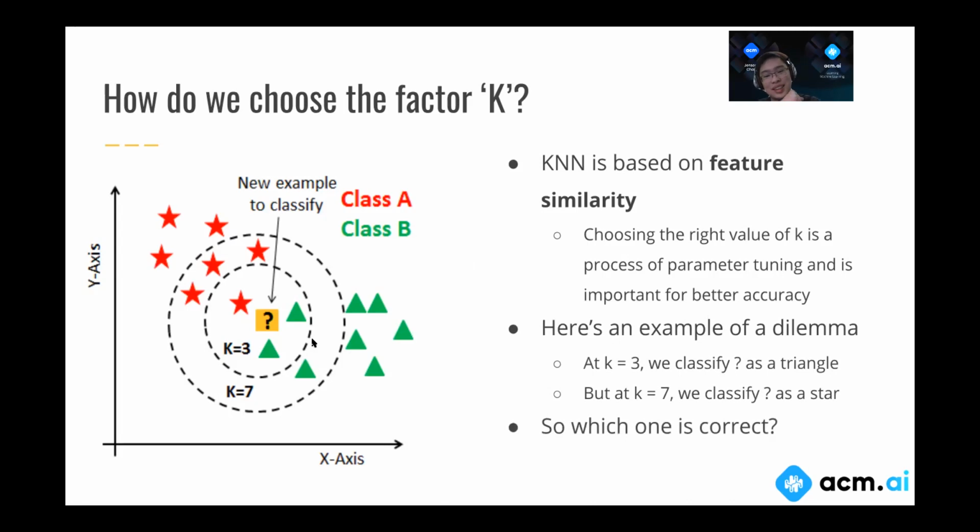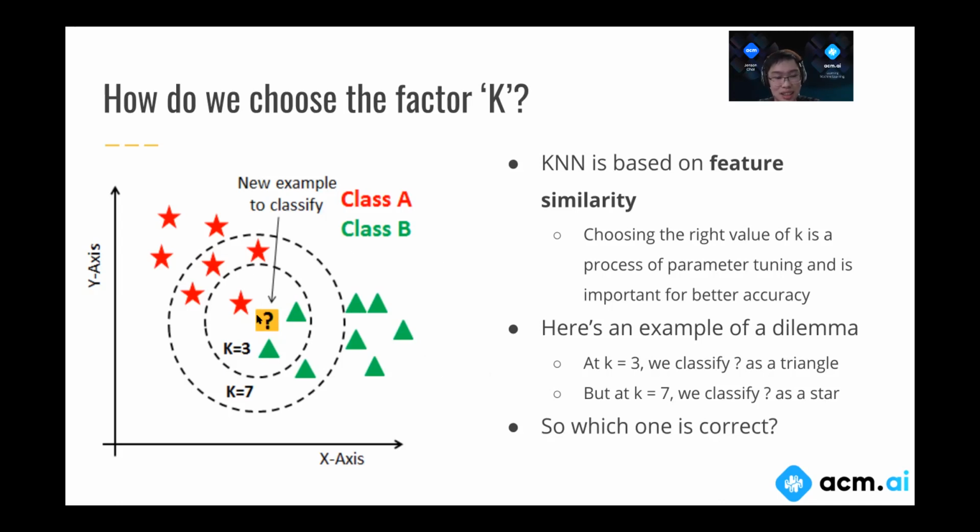So, all right, the problem with k equals 3 is that, well, this is a pretty small data set to start with, but if one of these green triangles turns out to be an outlier, or maybe there's an error in its measurements, then the results for this question mark will be messed up.